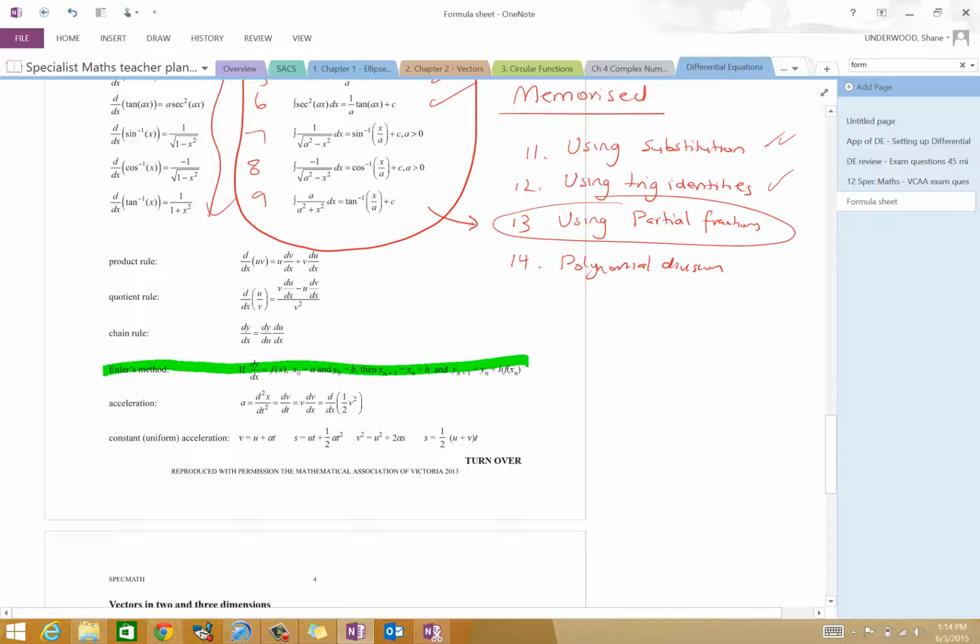It says if dy/dx equals f of x. So what it actually means is that the derivative at a point is f of x. Okay? It says x naught equals a, y naught equals b, then x_{n+1} is equal to x_n plus h. In other words, we're going up in step sizes of what size? Of h.